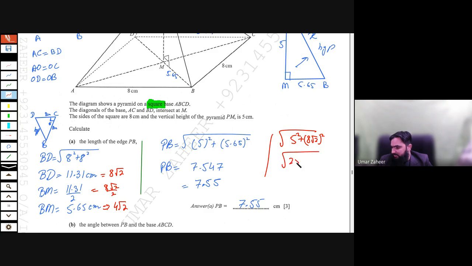So we'll get 25 plus 16 multiplied by 2. Final answer is the square root of 25 plus 32.